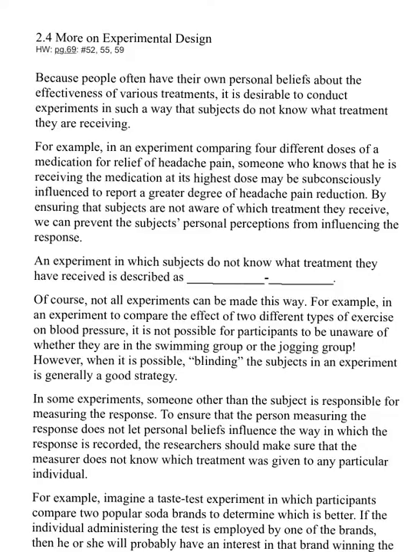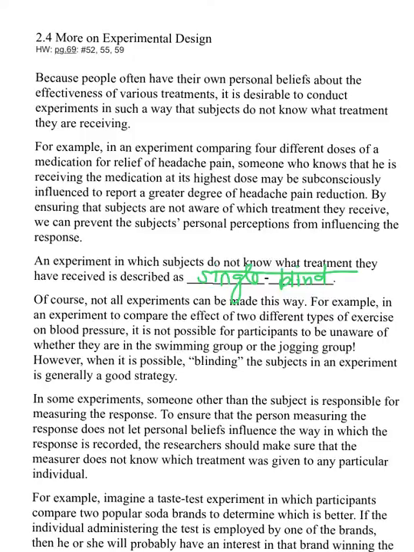An experiment in which subjects do not know what treatment they have received, this is what we call single blind. Now, this is important because what happens when somebody knows what treatment they're in? Well, they might be biased and their responses could change.